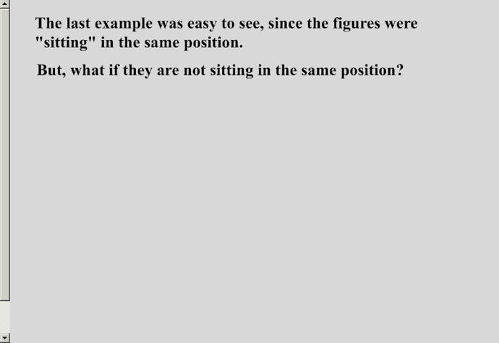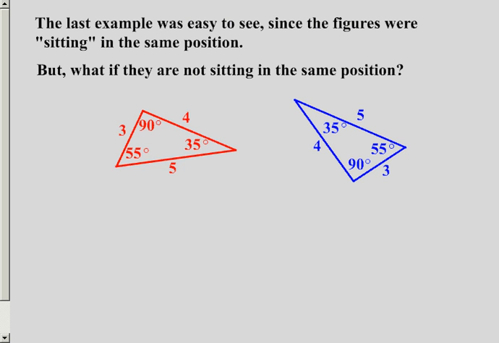That kind of disguises whether figures are appearing to be congruent or not. So here are the same two triangles, the same angle measurements, the same side lengths and all that. But as you can see, the one on the right has been rotated.